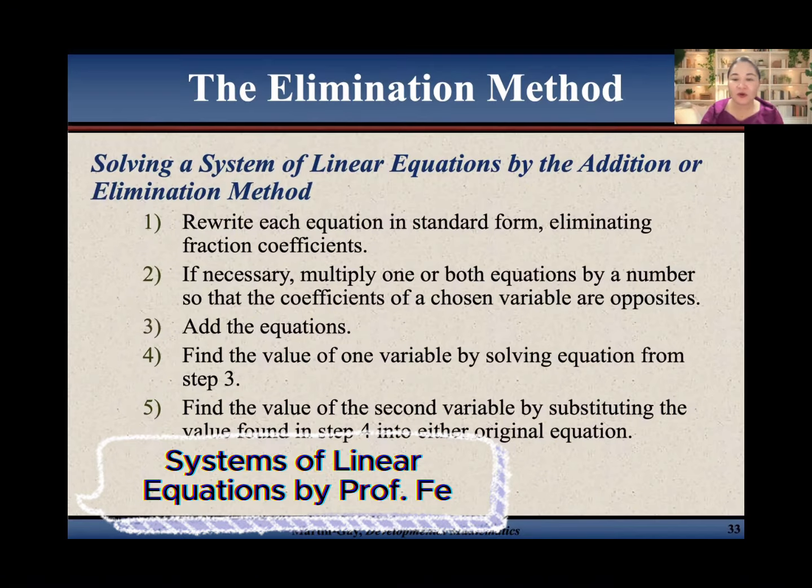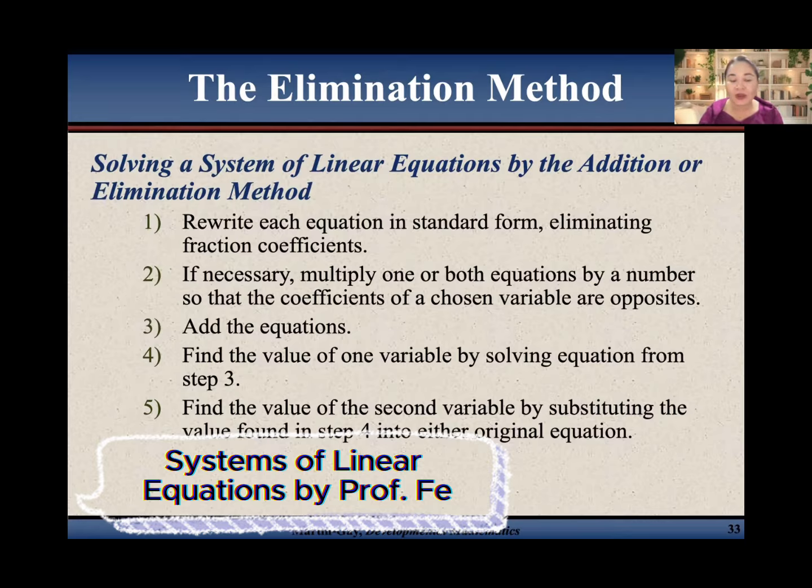Okay, so we have the general steps for the elimination method. Rewrite each equation in standard form by eliminating fraction coefficients. You must have the same variable with the same numerical coefficient. If necessary, multiply one or both equations by a number so that the coefficients of a chosen variable are opposites.